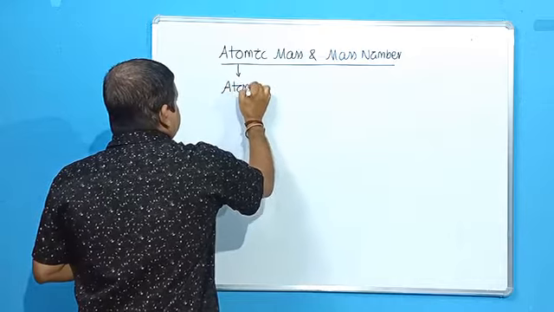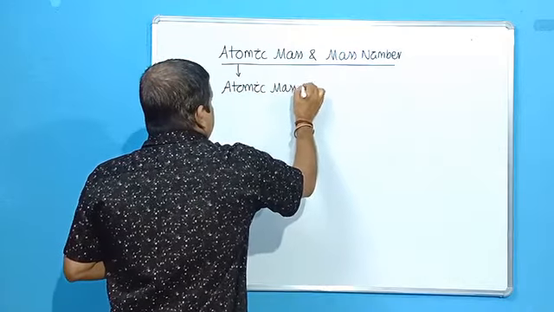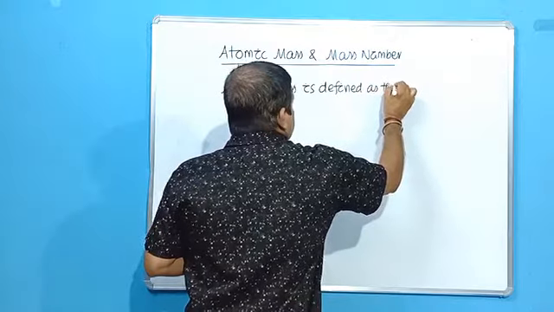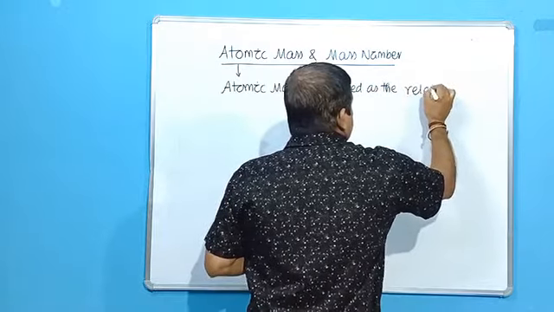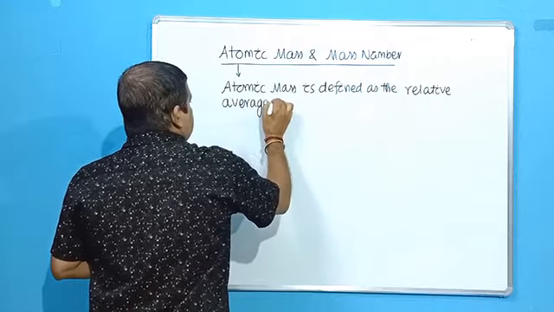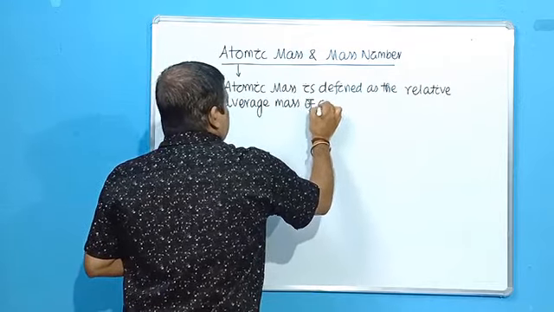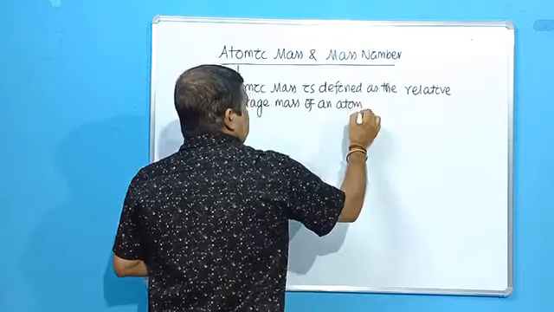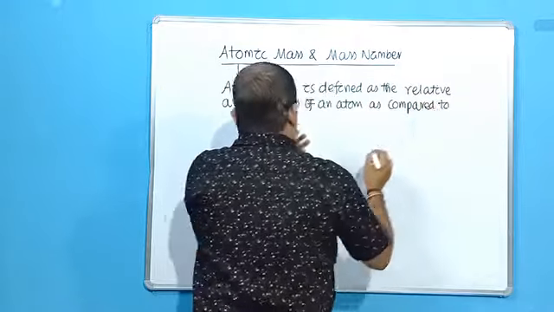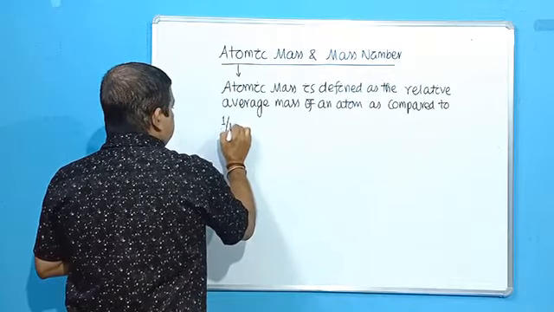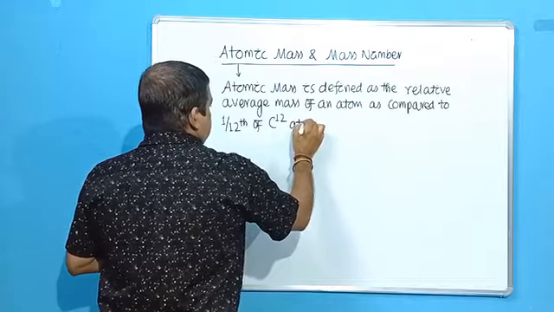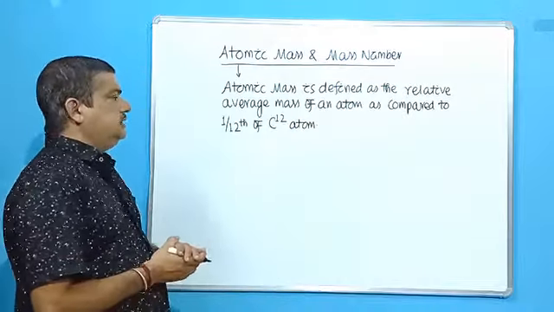Atomic mass is defined as the relative average mass of an atom as compared to 1/12 of a C12 atom. This is how we define atomic mass.